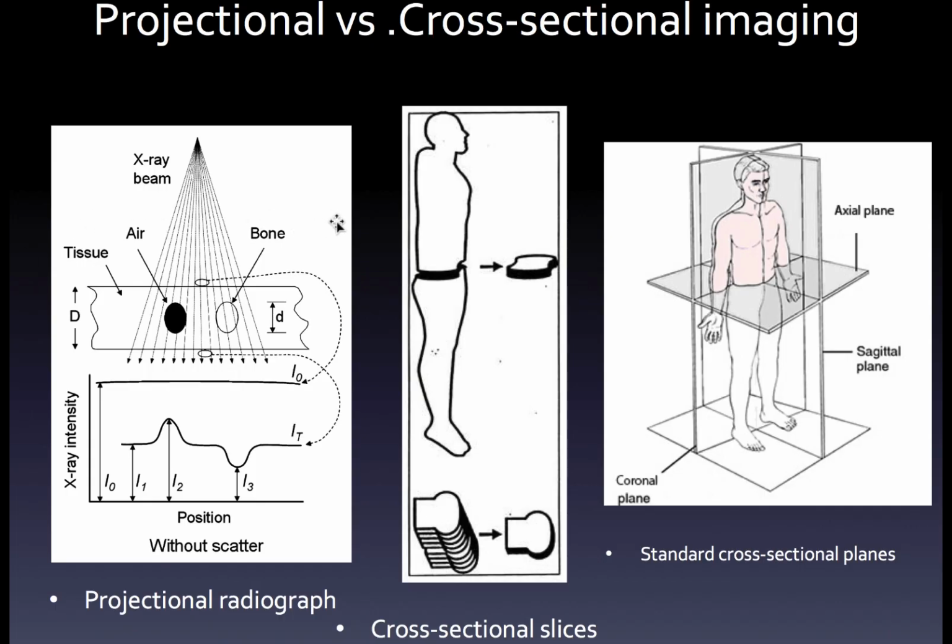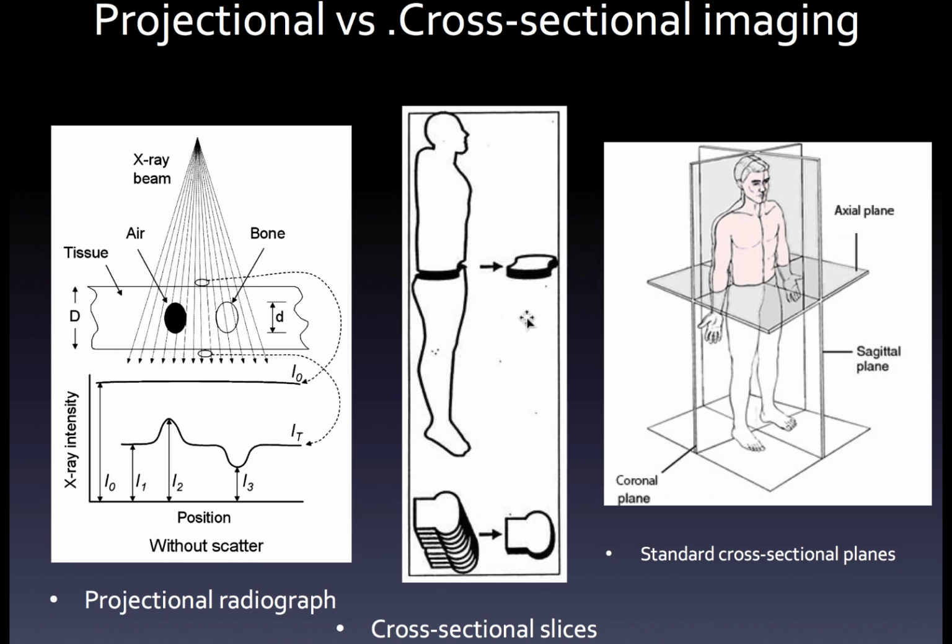When we scanned your cadavers, we talked a little bit about the difference between a projectional image and a cross-sectional image. CT is a type of cross-sectional imaging, and radiographs or X-rays are a type of projectional imaging. In a projectional image, we use an X-ray beam shined on a sensor or a plate, and tissue that is not very dense, such as air, appears dark, and tissue that is very dense, such as bone, appears bright.